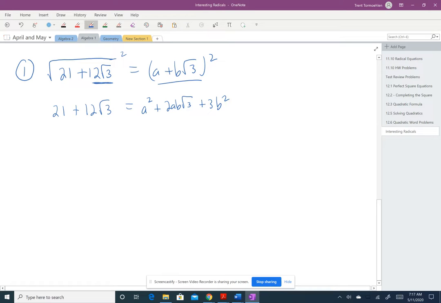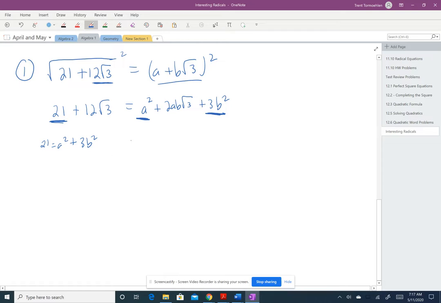Now, here's our second part where we're going to use some guess and check techniques. When we set these two things equal to each other, the non-radical 3 terms have to be equal to each other. So we know that 21 has to equal a squared plus 3b squared.